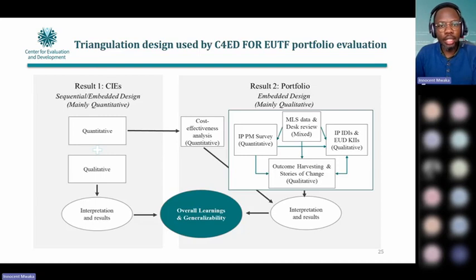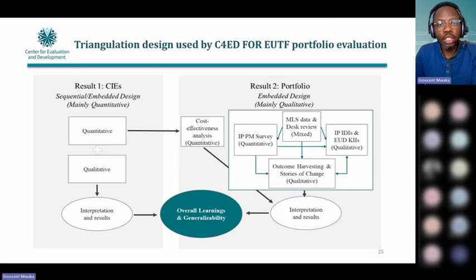This is the last slide that I wanted to show you, as an illustration of how we have designed a bigger portfolio of the different evaluations. For the in-country projects, it's a mix: we have quantitative and qualitative methods, and eventually each project will come up with different interpretations and results.